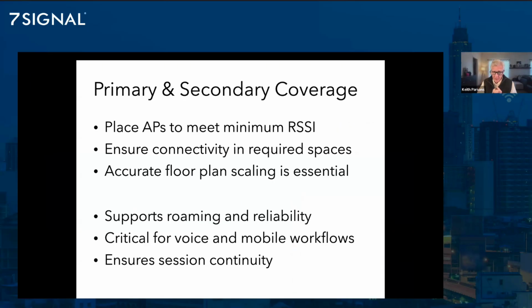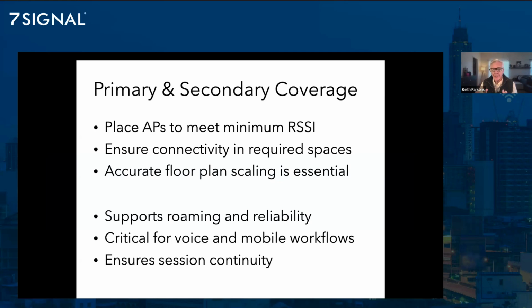We have to meet primary coverage. That's just the minimum. That's the ante to get in and play in this game. It allows us to meet coverage requirements where we need it. In addition, we have secondary coverage, and secondary coverage is what allows roaming to happen as smoothly as possible. So you need both primary and secondary, and add some reliability and a little bit of redundancy.